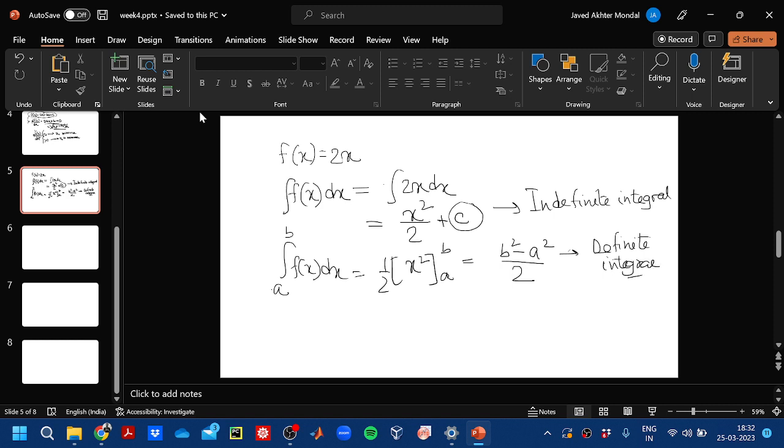So within Mathematica, we can calculate both types of integrals. We can calculate the indefinite integral of any function, and we can also obviously specify the limit of the function. So let us see in Mathematica how to do that.